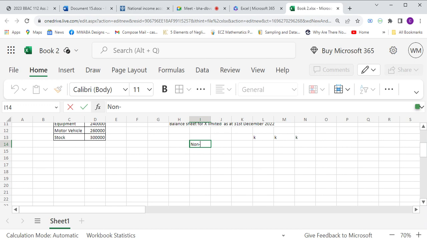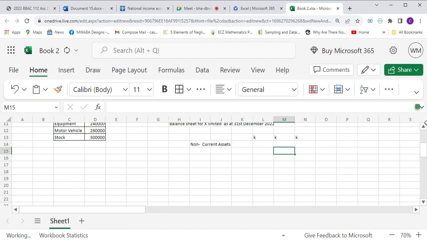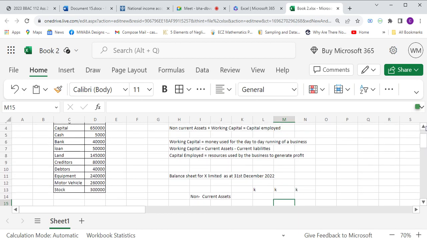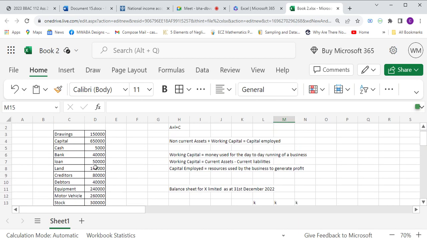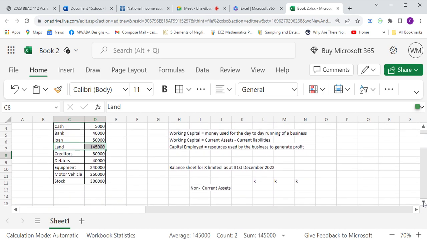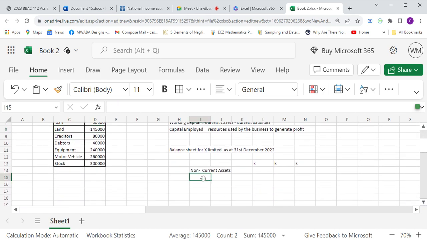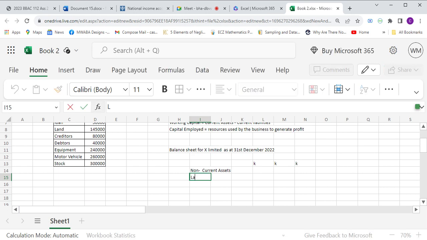Non-current assets, these are things that you can own for more than a year. Okay, so for our non-current assets, we've got land. This is the most permanent amongst all of them. You can list them in the order of permanency. So we start with land.